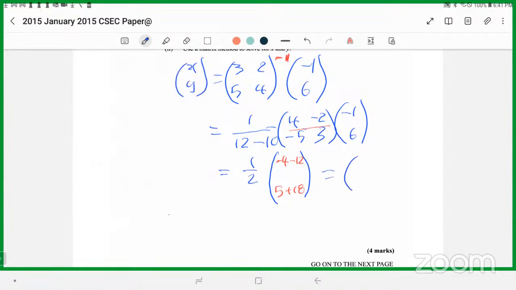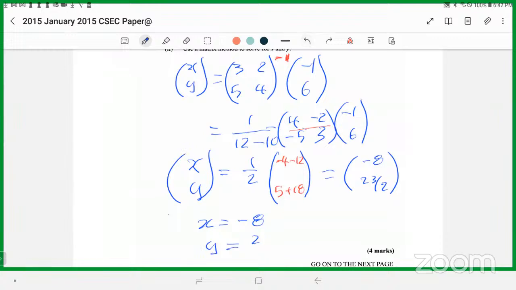This becomes 23 over 2, or maybe 11.5. I don't like these values, but I'm going to test them. That's x and y. And so the x is equal to this, and the y is equal to that. So I'm going to write x equals -8, and y equals 23 over 2.